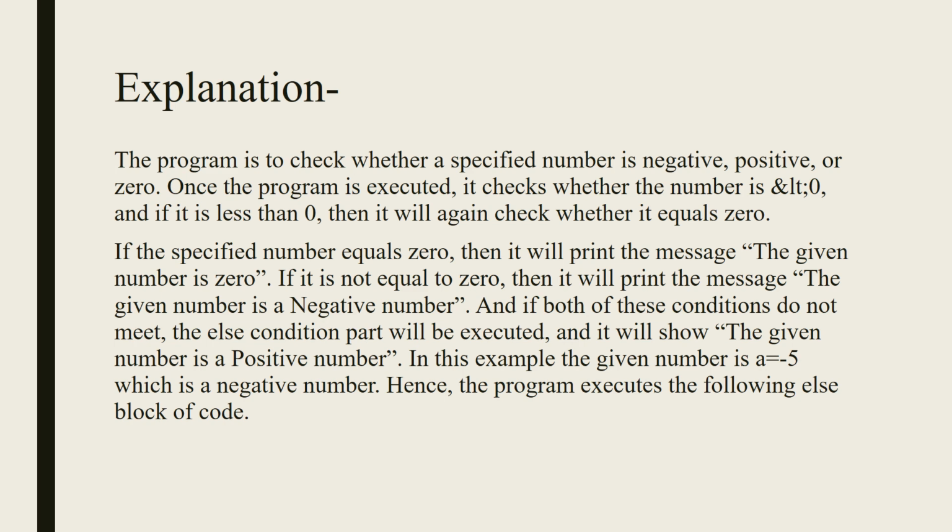If it is not equal to 0, then it will print the message as the number is negative. And if both of these conditions do not meet, the else condition part will be executed and it will show as the number is positive. In the above example, the number is -5, which is a negative number. Hence, the program executes the following else block of code.